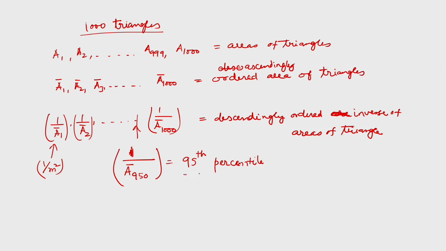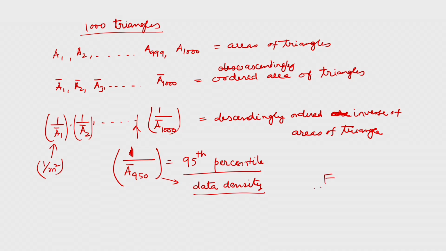This quantity will indicate the data density, or I can say the point data density of the airborne LIDAR data. This is the way we finally calculate the data density, right? The other way around is that if I take the F divided by BV, that is an average criterion.